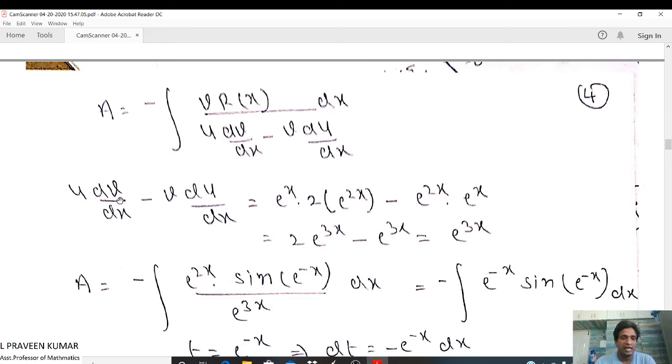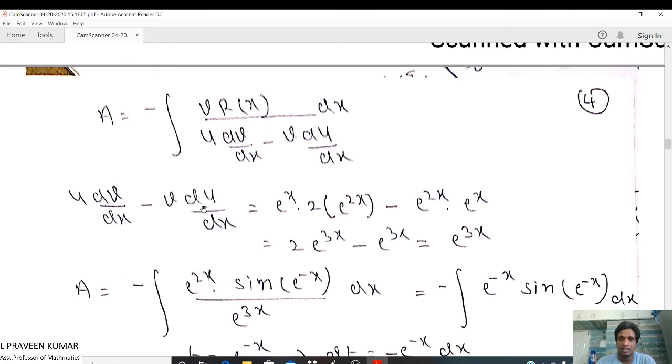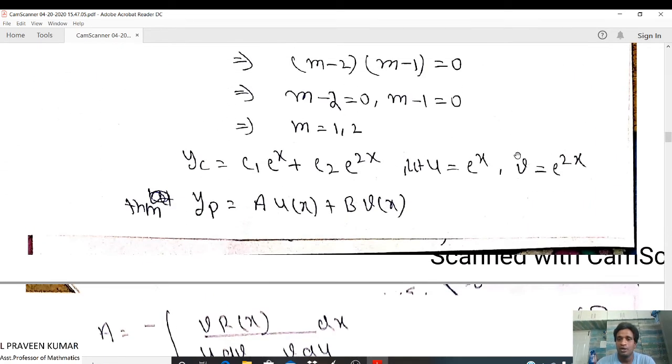So here I am finding separately u dv by dx minus v du by dx. Here we write it as Wronskian also. In the next problem we have done like that. So what are u and v values? Once again recalling, u is e power x, v is e power 2x.